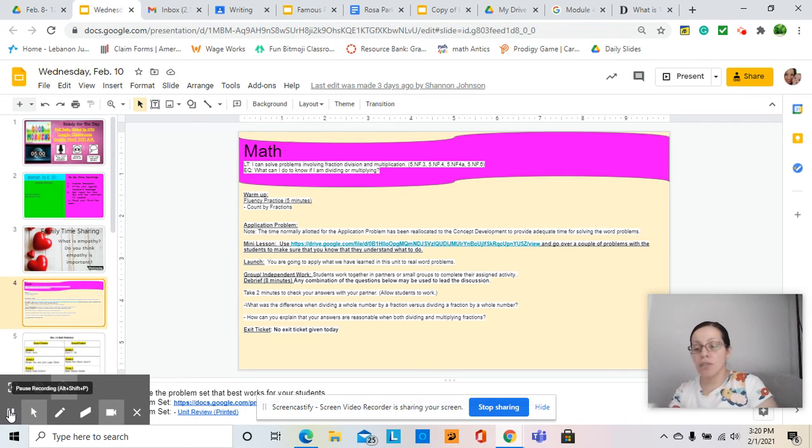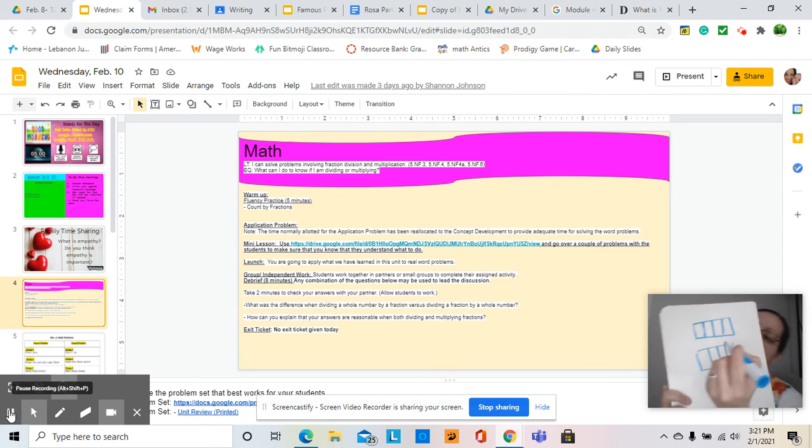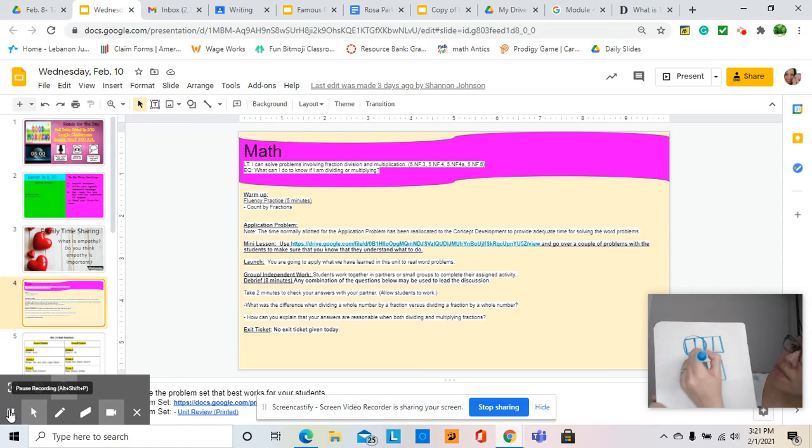When you look at models, please make sure to refer to your daily slides. There have been models added for you guys to remember how to identify the models, okay? So you might see something like this, and then you might see something like some circles that divide them.